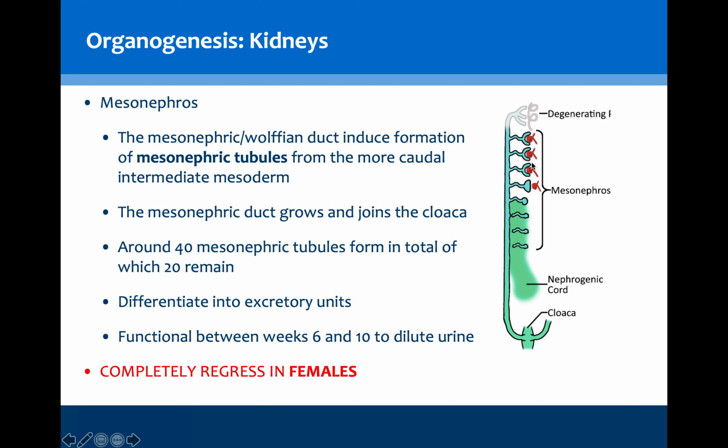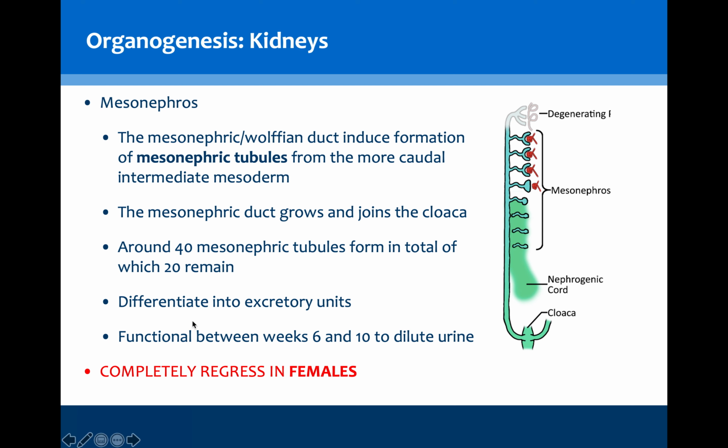And these begin to differentiate into a more specialized excretory unit with a bundled capillary to increase surface area and a better receptive excretory unit to maximize the transfer of ions and molecules. This is actually a functional structure in the fetus between weeks 6 and 10.